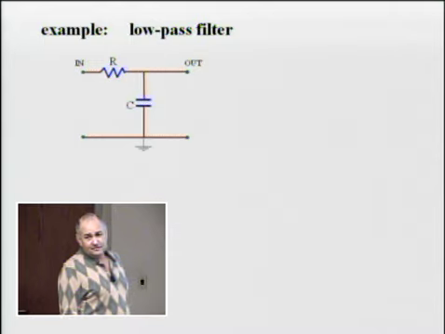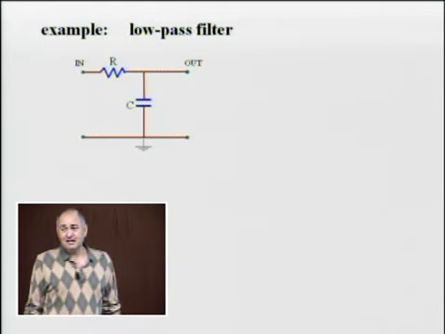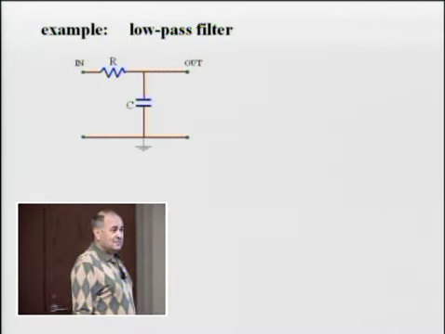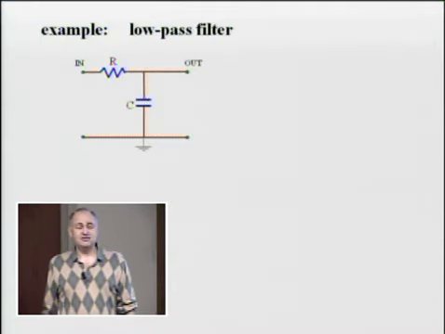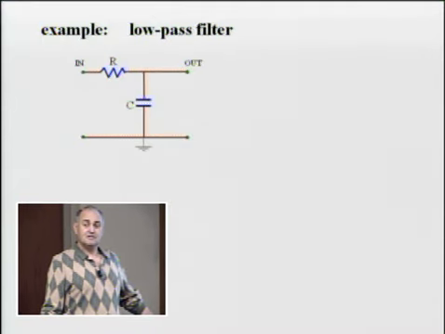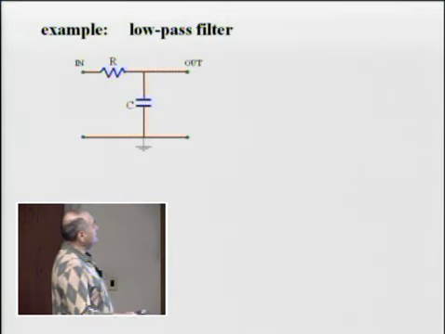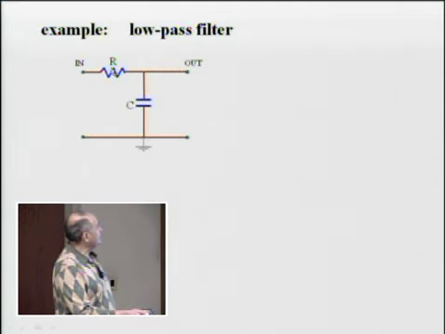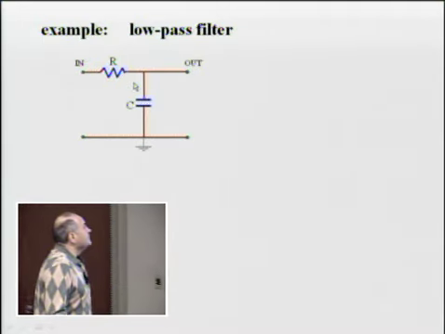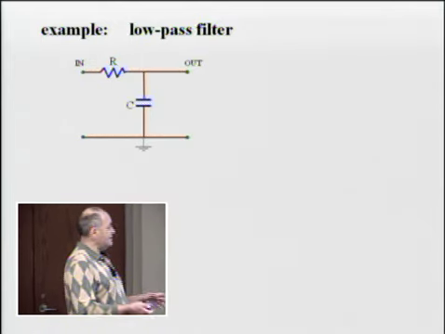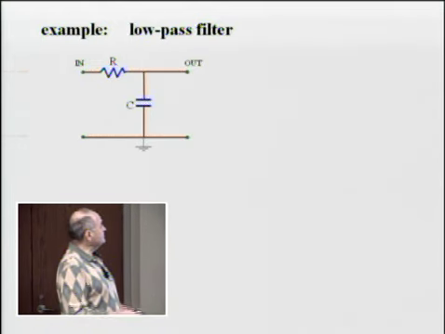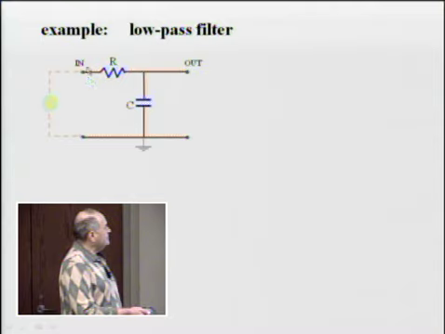It's practically the same elements as in a high-pass filter, except that they are arranged differently. What's the difference? Well, in a high-pass filter, the resistor is here and the capacitor is there. Right.